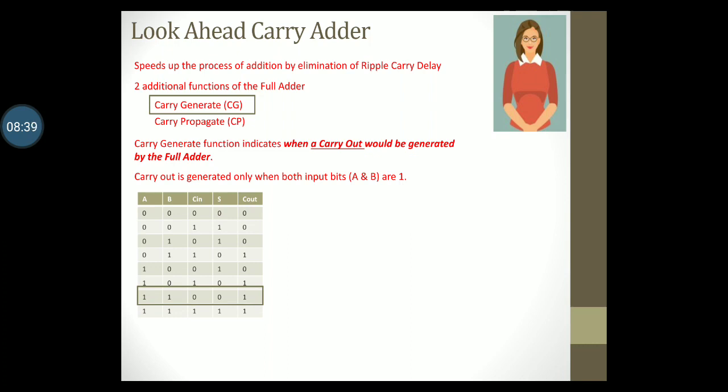In the first case, A and B are 1, so we get a carry out as 1. In the second case, A and B are 1, so we also get a carry out, or in other words, a carry is generated. So we can conclude that CG is equal to A and B, denoted as A dot B.